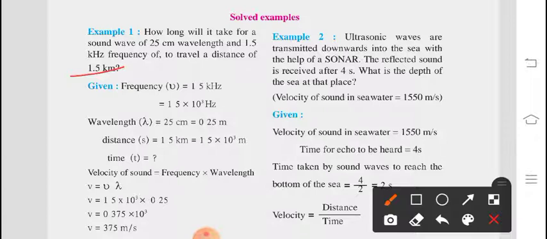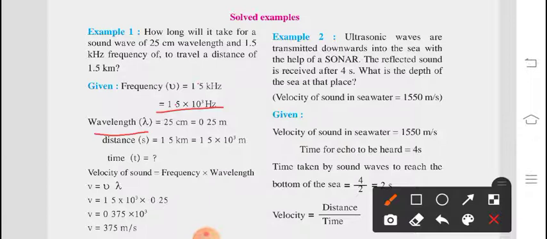Okay, so first we will write the given things. Frequency is given, that is 1.5 kHz. So I am writing here 1.5 kHz, and we can convert this kilohertz to hertz, means multiply by 10 to the power of 3. Now next is wavelength, which we are representing with lambda.